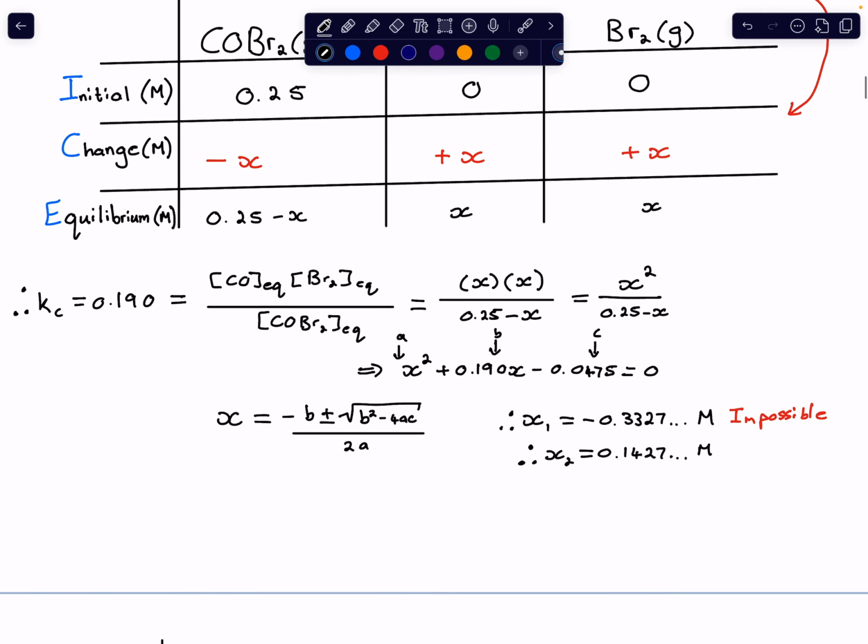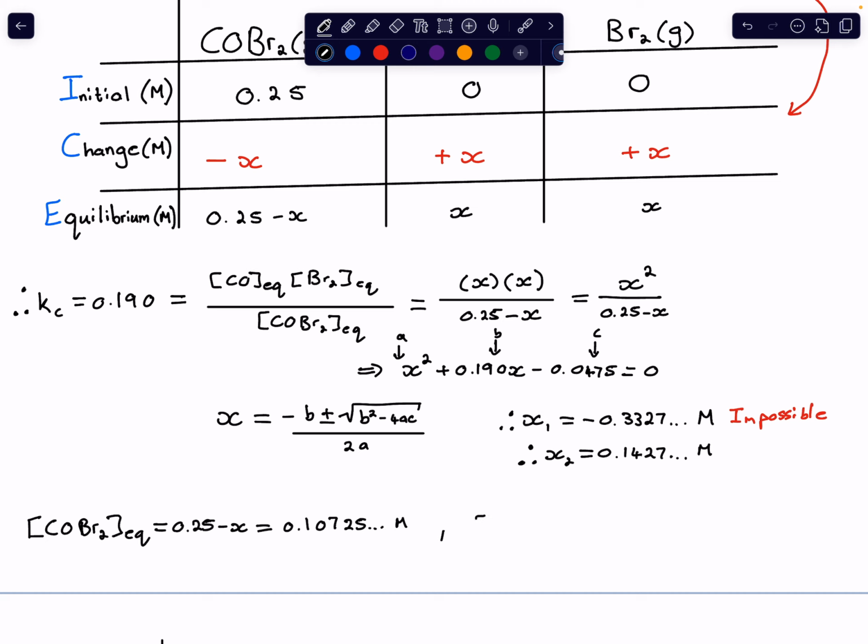So that means at equilibrium, our concentrations are, for COBr2, at equilibrium, 0.25 minus X. And remember, you don't round here because it's not the final answer. So it's 0.10725, a bunch of numbers, molar.